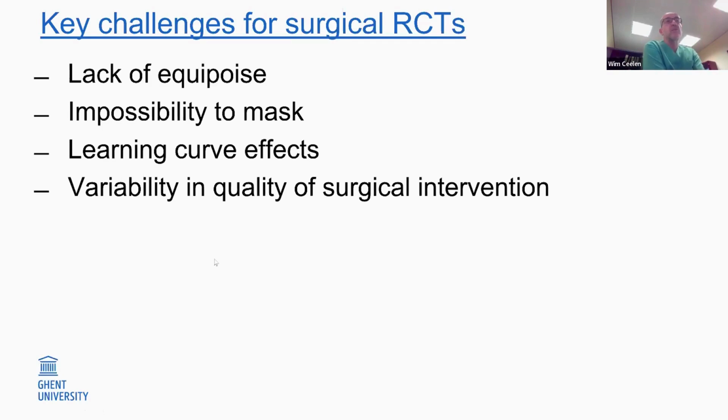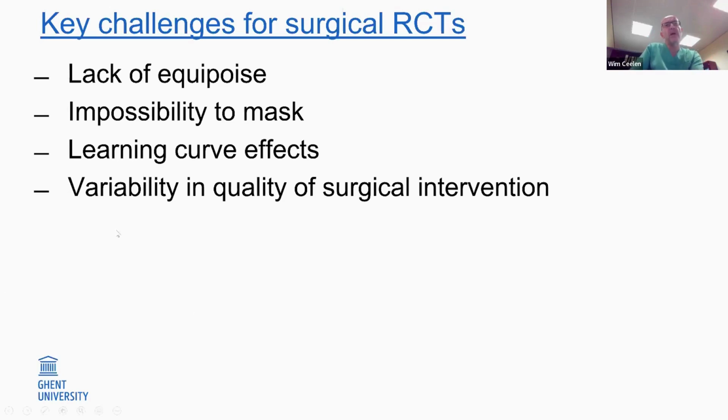This can also be an issue if you try to organize a trial comparing robotic surgery with open surgery. It will be difficult to convince surgeons who are really experienced in robotic surgery that there is equipoise, even if it really exists. The same holds for patients. Patients who come to a surgeon because of his or her expertise in robotic surgery will, of course, not readily accept being randomized to a non-robotic surgery arm.